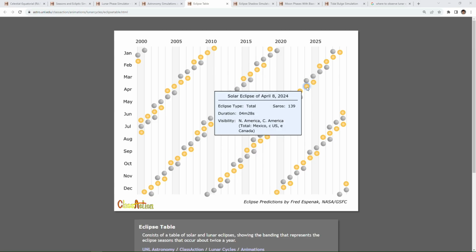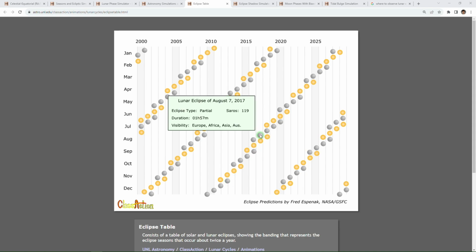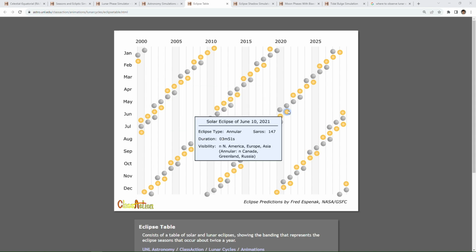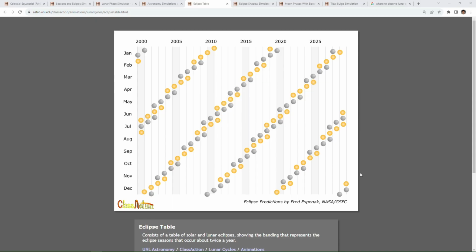For the solar eclipse, it will also give you information on the visibility. And for the lunar eclipse, as long as you're on the night side, you are able to see it. You can see from this table that lunar eclipses and solar eclipses happen pretty often. It just really depends on which location on the Earth you are able to see them.